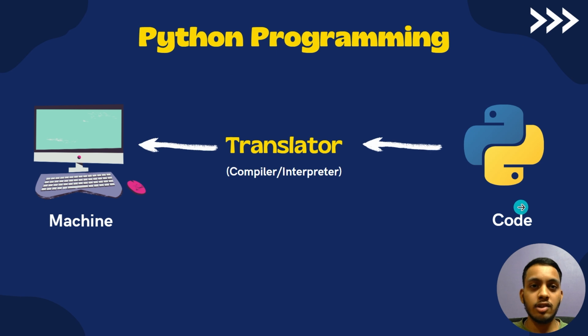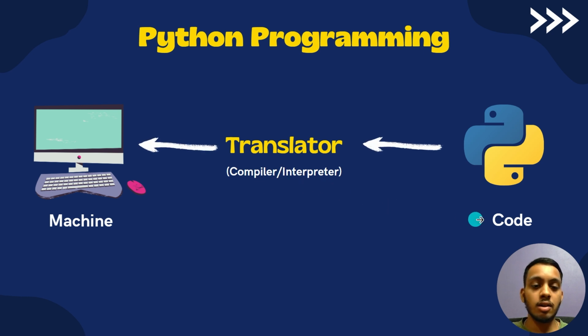If you have lines of Python code, it has to be understood by machines, but machines only understand zeros and ones. So to understand the Python code, here comes a translator that plays an important role. Means a compiler. What does a compiler do?